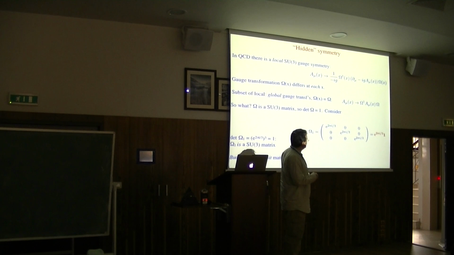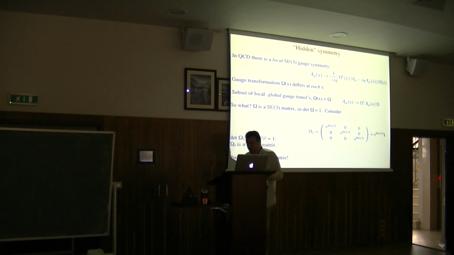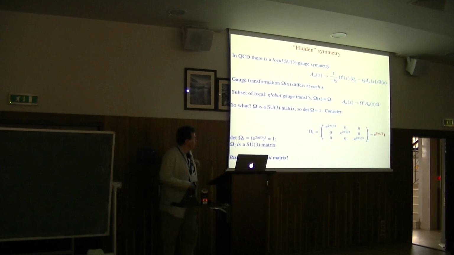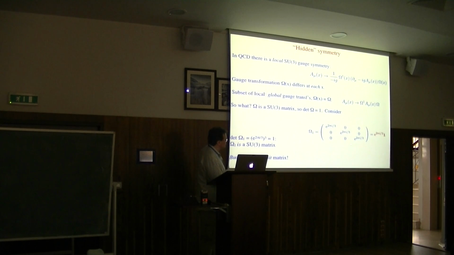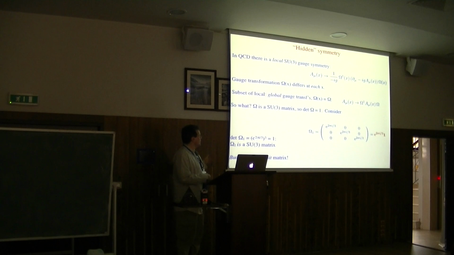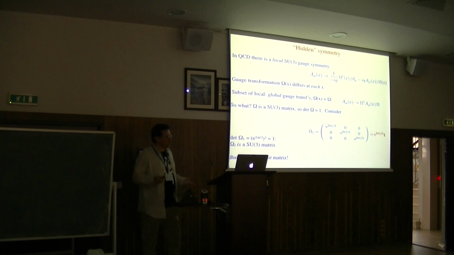That is, it's e to the 2 pi i over 3. And if I do that, then the determinant is the product of these three, and since it's the third root of unity, it's going to be equal to 1. That is, e to the 2 pi i over 3 to the third power is obviously e to the 2 pi i, or 1. Okay, fine, so what?